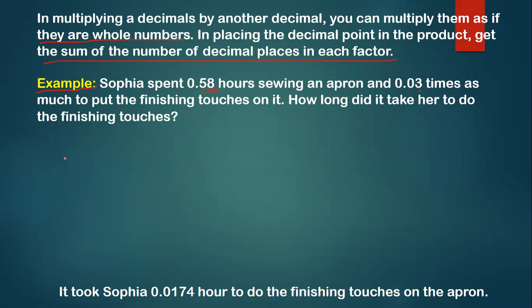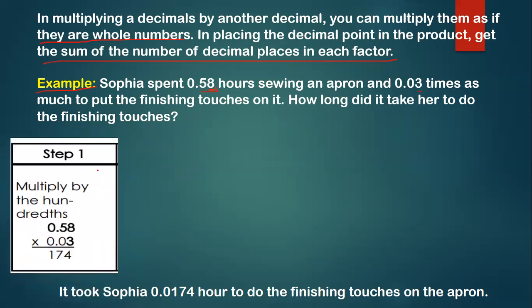Okay, so tingnan natin. The process of multiplying decimal numbers ay ito lang po. Step 1, multiply the hundreds. Tingnan natin itong multiplier natin, itong nasa baba, itong sa pangalawa. Disregard muna natin yung decimal point. Baliwala yan, huwag mong intindihin yan. Multiply the hundreds place.